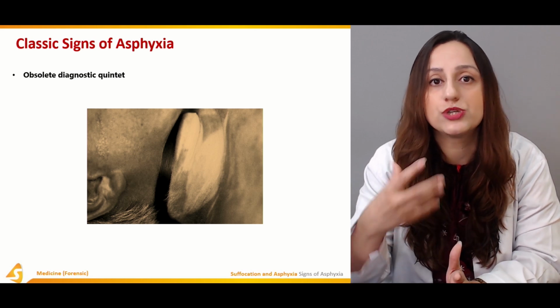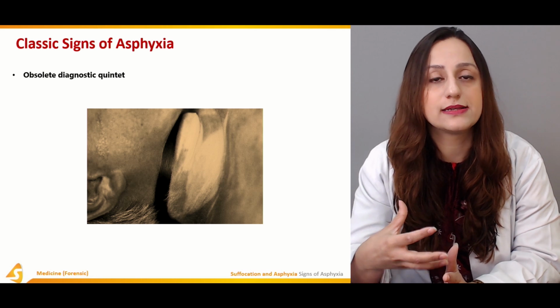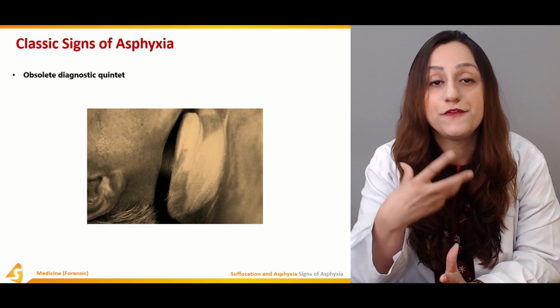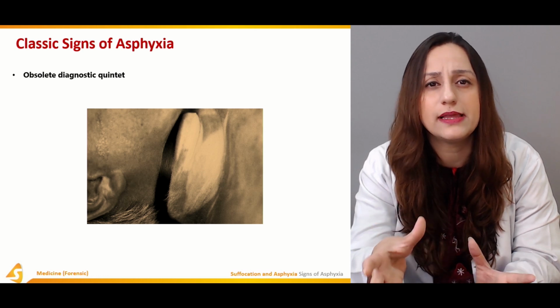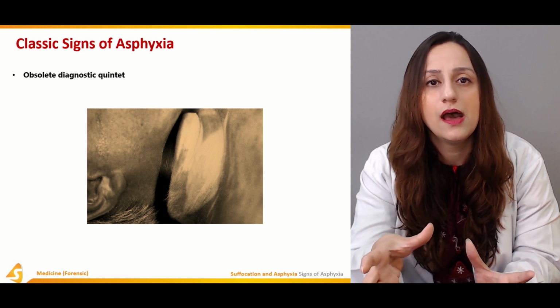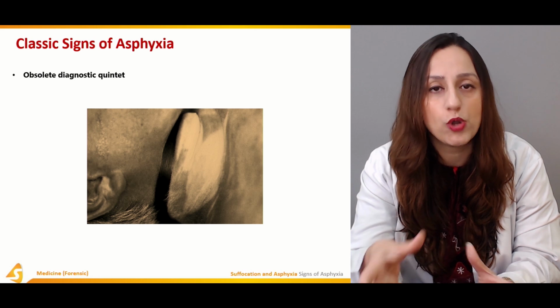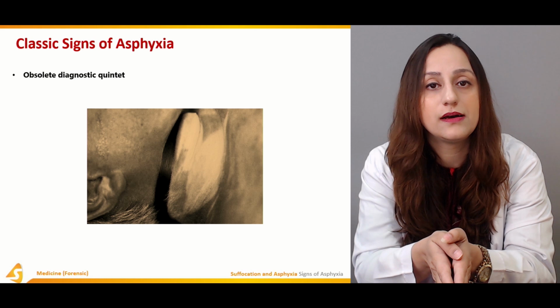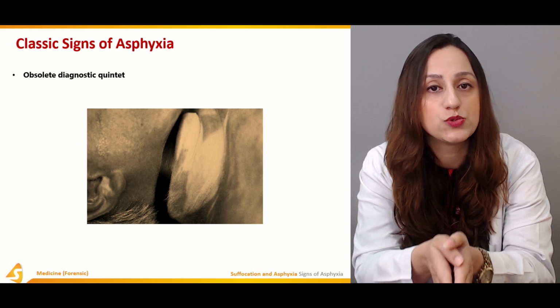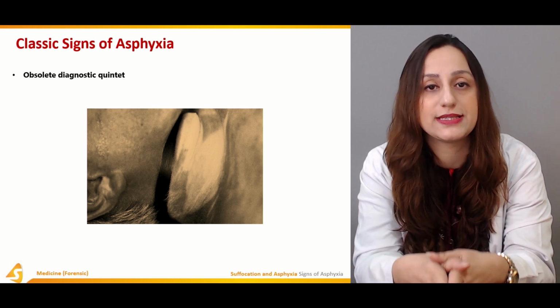The cyanosis, the bluish discoloration of the skin seen in the face, especially the typical edematous appearance of the face. The facial features are usually swollen in an asphyxial death. They're usually marked as the mainstay whenever we are diagnosing any death caused by asphyxia.